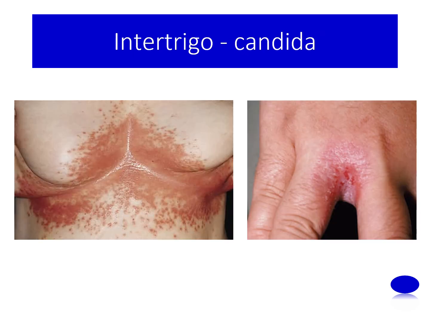And also intertrigo, which you see on the skin folds, so under the breast and the armpits and the crural areas. From humidity, you get overgrowth again of candida. So you see those red lesions and those tiny pimples around them, which we call satellite lesions, which are typical of candidiasis. And again, to confirm, we just take a scraping and then look for yeast under the microscope.